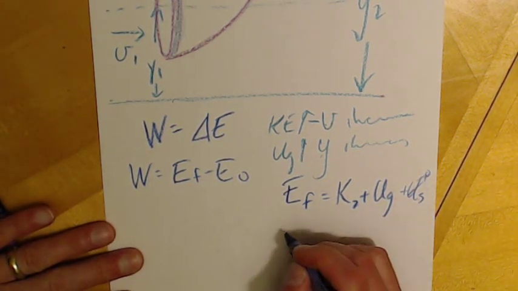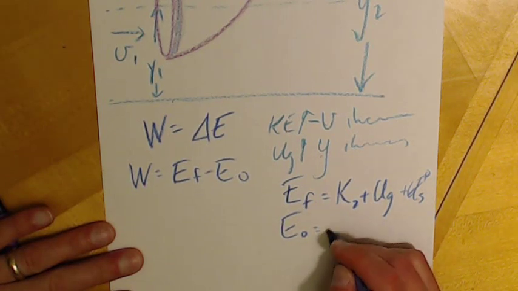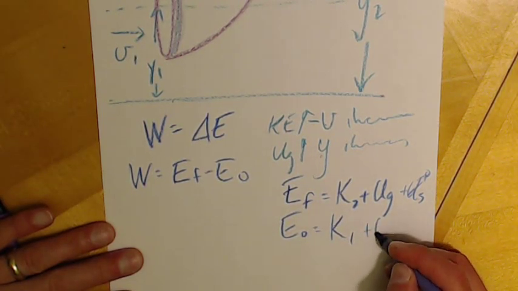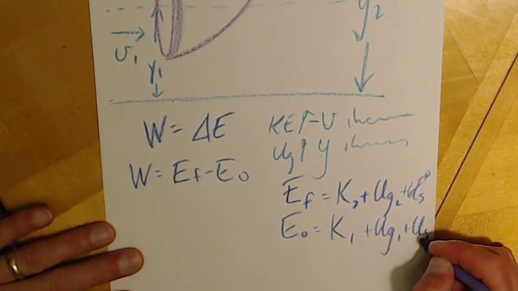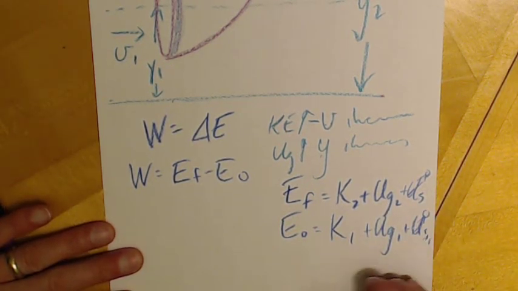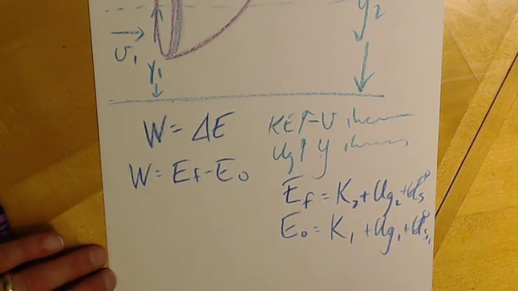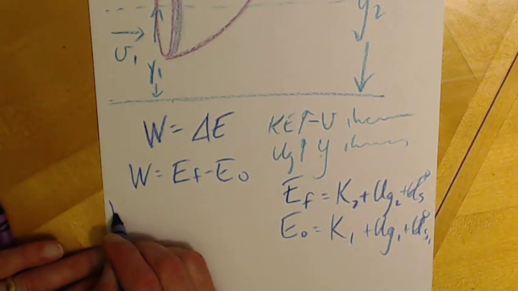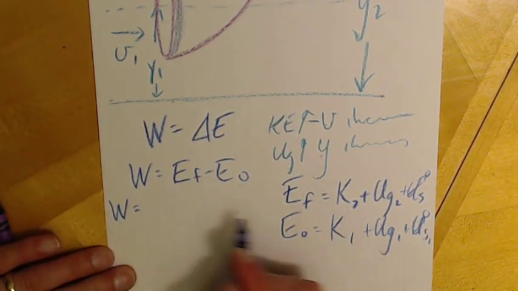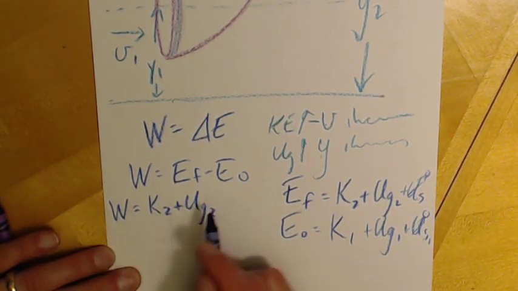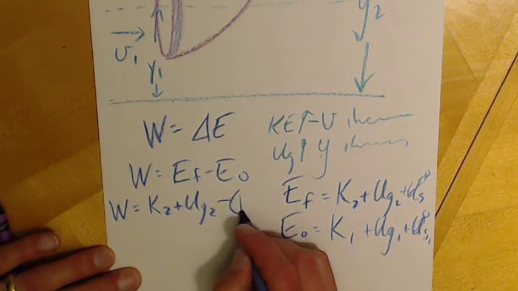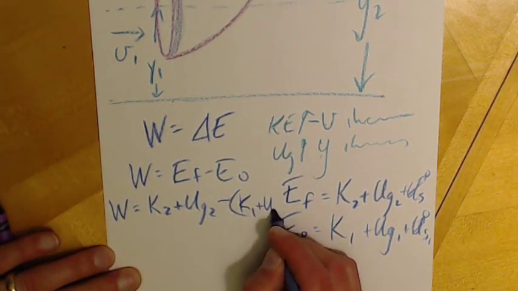There's no spring potential energy. Energy initial is the kinetic energy at 1 plus the gravitational potential energy at 1, plus the spring potential energy at 1. There's no spring potential energy. So what do I end up with? The work is E final, which is K2 plus UG2, minus E initial, which is K1 plus UG1.